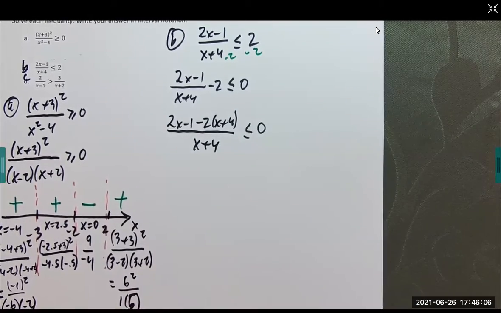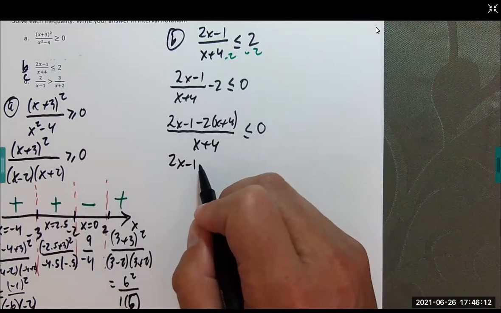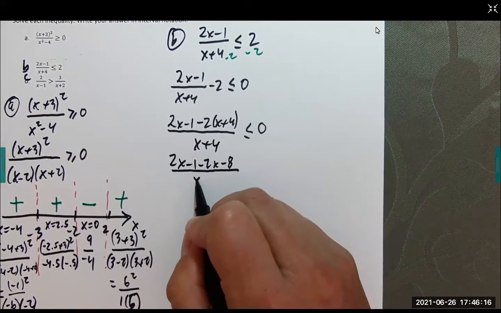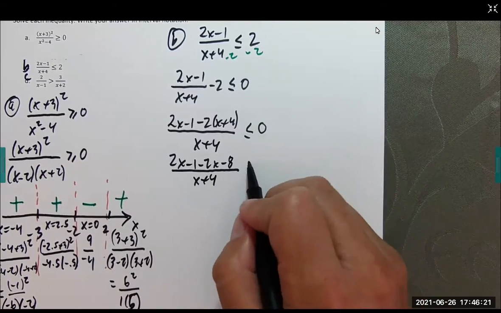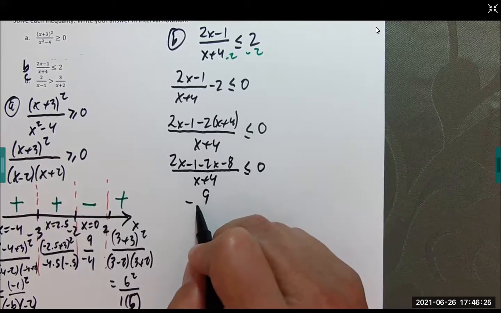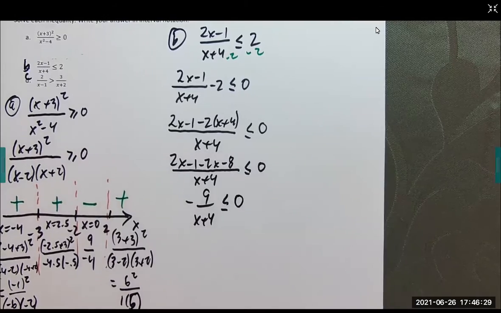Now we have to distribute, combine, and then figure out what our critical values are. And the 2x's are gone, so this is negative 9 over x plus 4. We have one critical value in this case. Awesome. That's going to be negative 4.